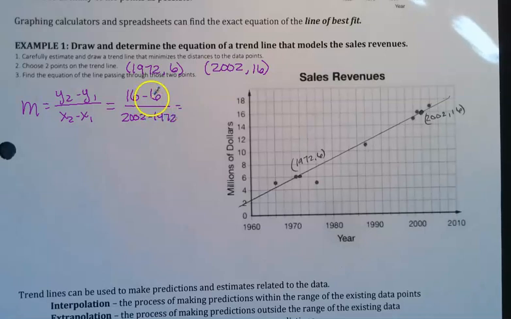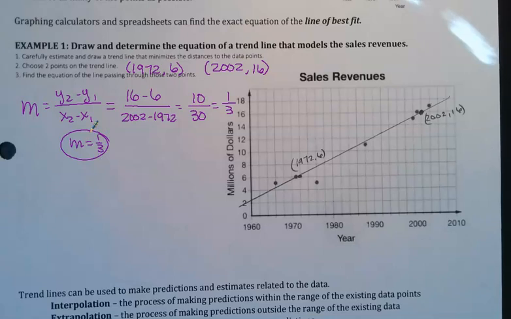Okay. 16 minus 6, pardon me. 10. 2002 minus 1972. 30. All right, so 10/30ths can still simplify to be 1/3. All right, so we just found out that your slope is 1/3. Helpful. Incomplete, but helpful.